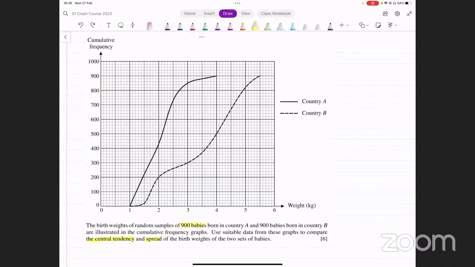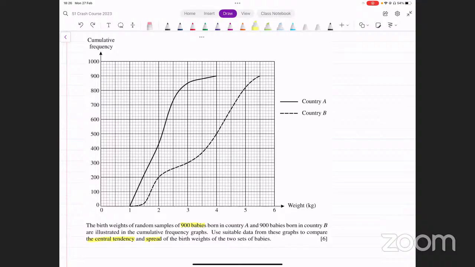Now, a cumulative frequency curve can give you the median. So for the central tendency measures, you can't find the mean from the curve, right? That's not possible. You can't find the mode from the curve. The only central tendency measure that you can find from the curve is the median. So that is what you're going to calculate to compare the central tendency, the median of both the graphs. You can compare the medians.